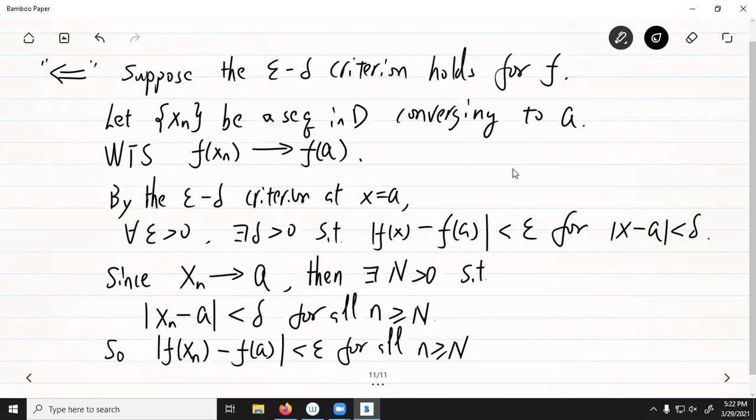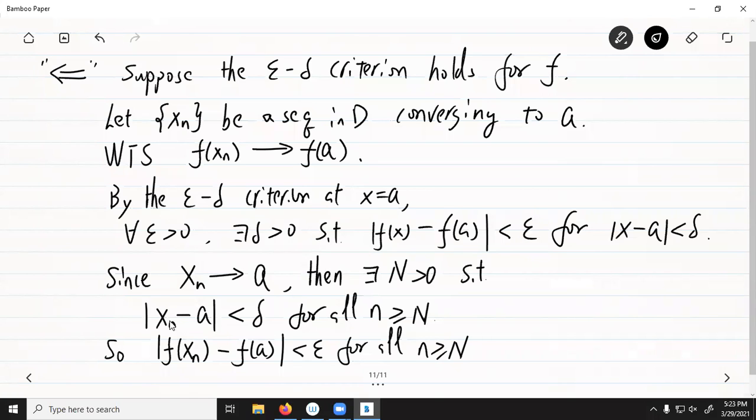Because when n is greater than or equal to capital N, the distance between xn and a is less than delta. Then the distance of the f values would be less than epsilon. This is from the epsilon delta criterion: when the distance between a and x is less than delta, the distance of the function values will be less than epsilon.